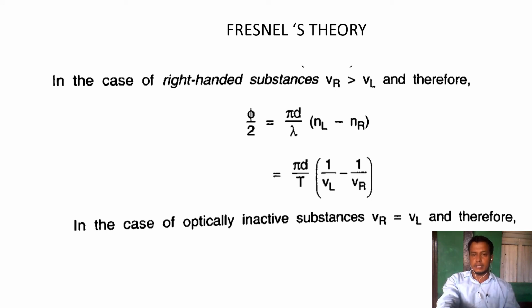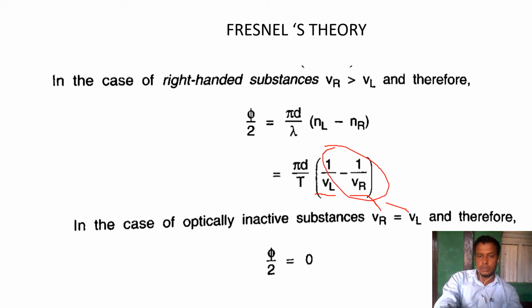For the third case, take an optically inactive substance like calcite. Their velocities v_R and v_L are equal, which gives the difference as 0. So pi by 2 is nothing but 0 when v_L and v_R are equal.